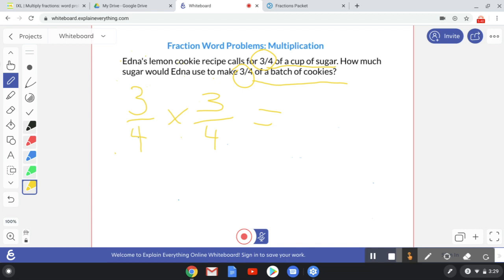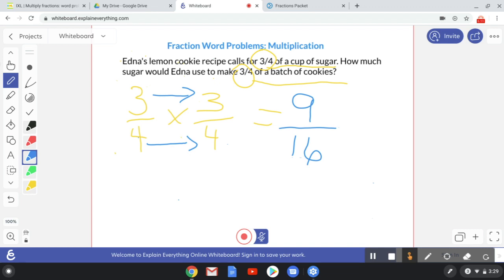So you could do it traditionally where you go across. 3 times 3 is 9. 4 times 4 is 16. So I have 9/16. In this case, there's nothing to cross simplify because between my denominator and my numerator, there are no common factors for me to pull out or to divide by.